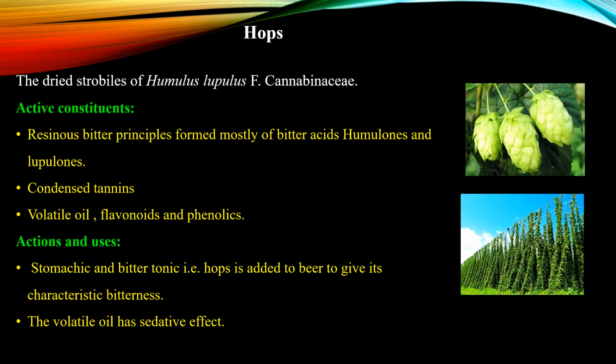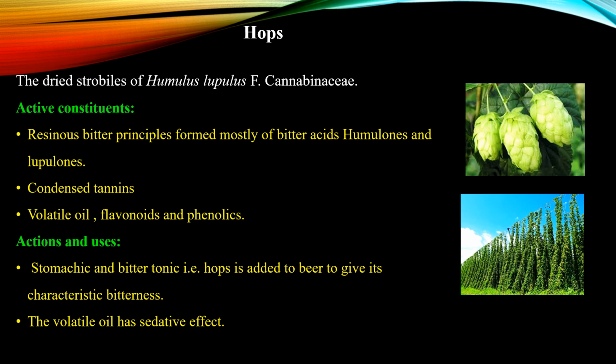The hops fruit, Arabic name Hashishat ad-Dinar. It is the dried strobiles of Humulus lupulus, family Cannabinaceae. The grown strobiles of Humulus lupulus and a field of hops plant.